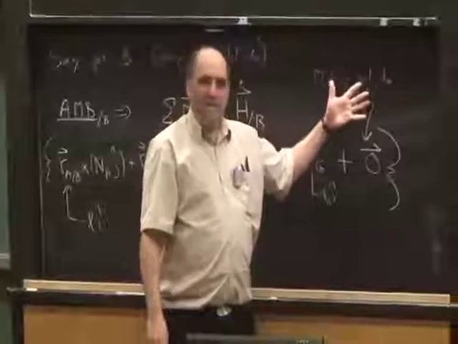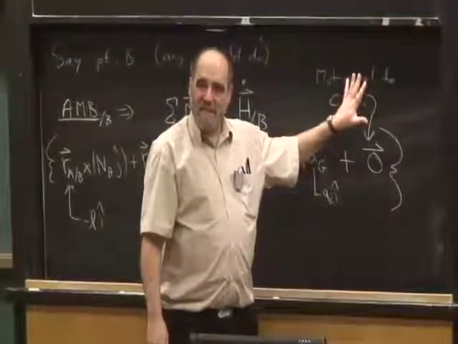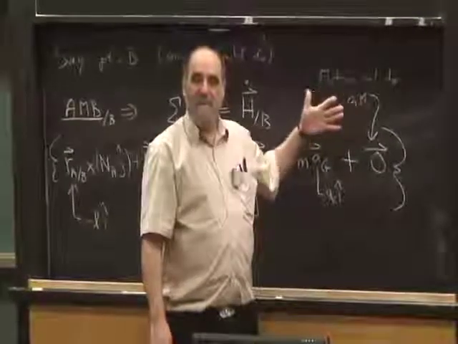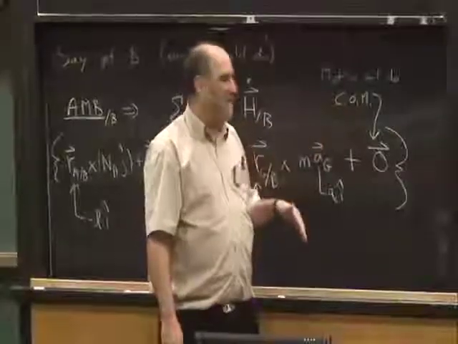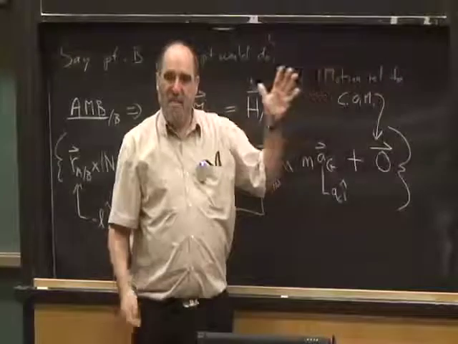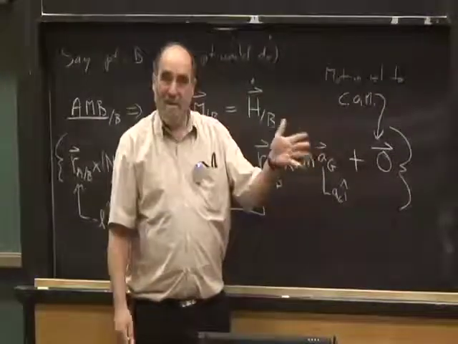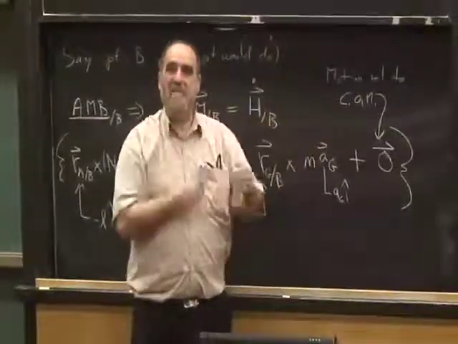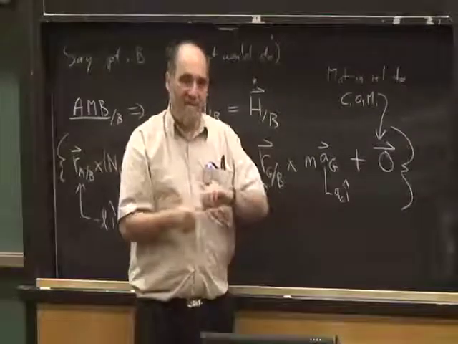The 0 has to do with things we haven't talked about yet this semester. The general formula for rate of change of angular momentum of a system has two terms in it, one of which is 0 now. The second term has to do with what happens if the object is rotating, or what happens if the object is distorting and has parts which move relative to each other.